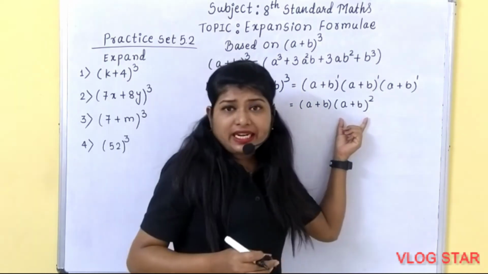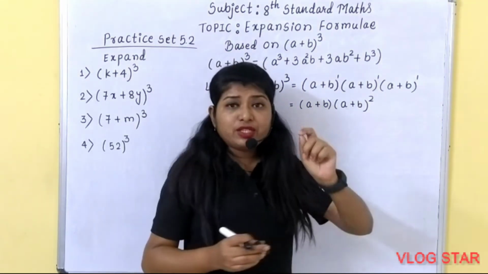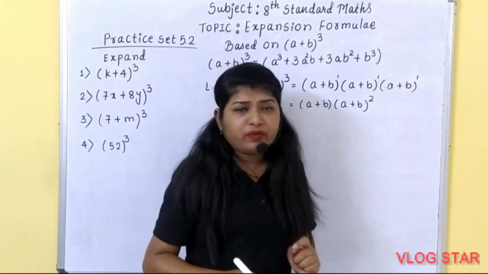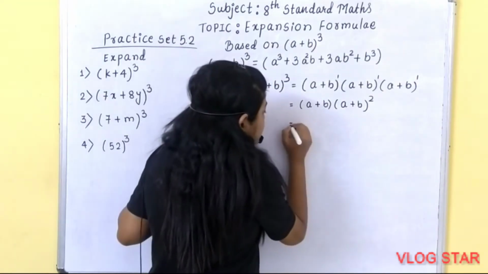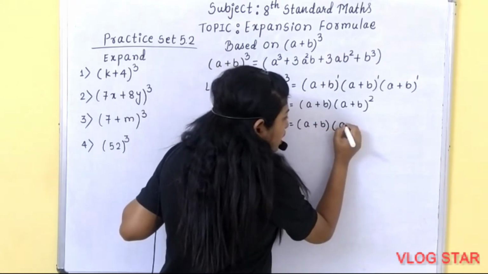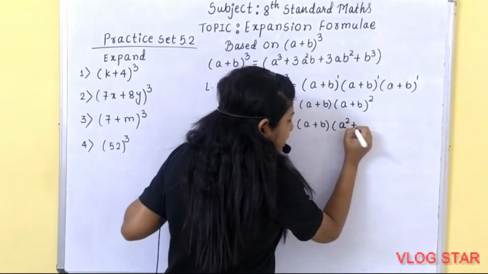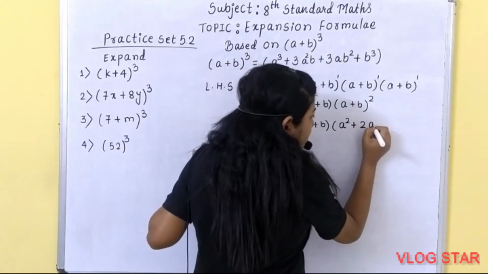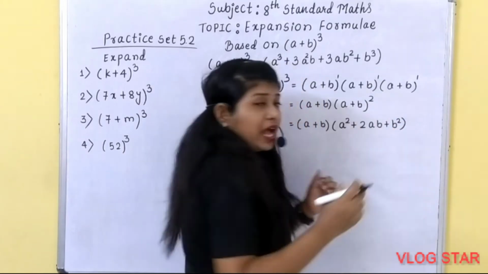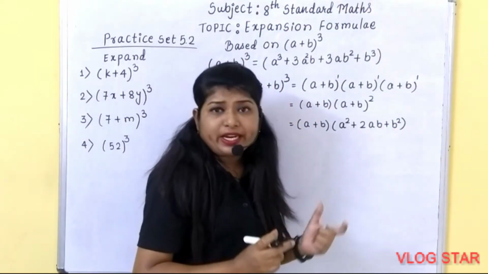We already studied this formula based on algebraic identity; you can check that video. Then you can substitute (a plus b) whole square as a square plus 2ab plus b square.